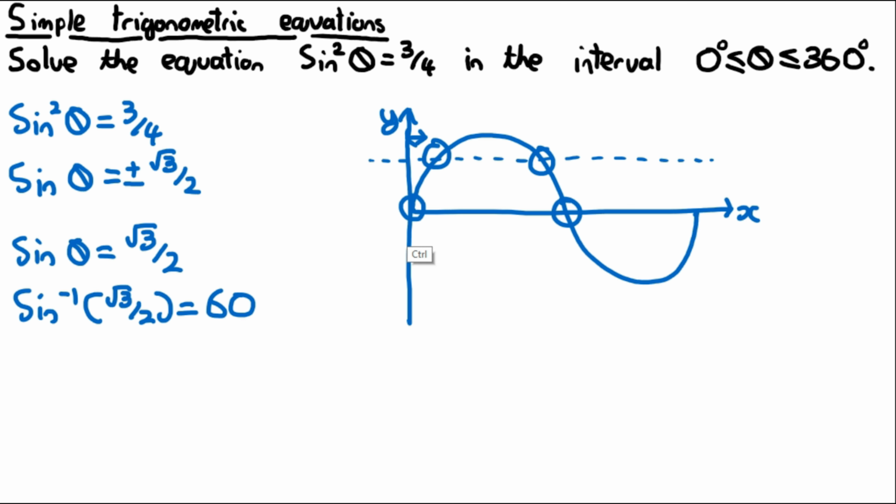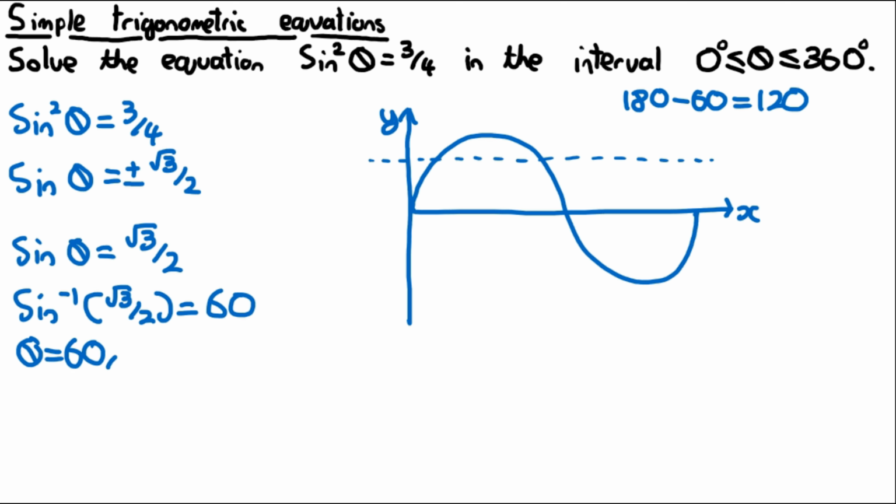So therefore that's going to have the same distance over there. So it's going to be, this is 180, and it's going to be minus the distance, which is 60, to get this point. 180 minus 60, which put into a calculator equals 120. So we know that for this solution, theta is equal to 60 and 120.